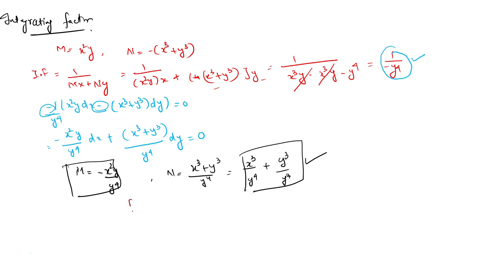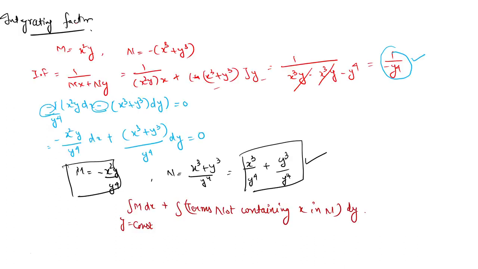Now we have to find a solution. As we know, the solution would be the integral of M dx plus the integral of terms not containing x in N dy. In this case, y is treated as a constant. So what is the value of our M now?